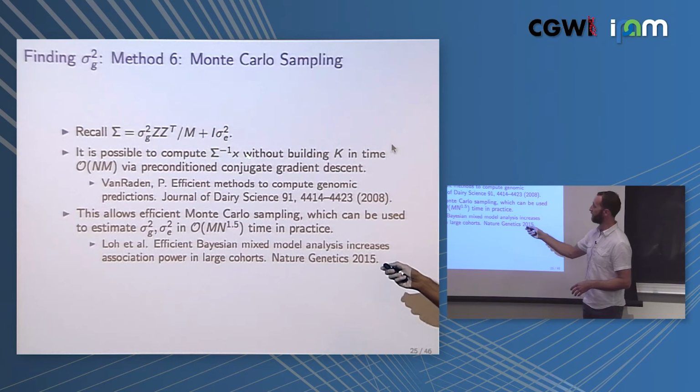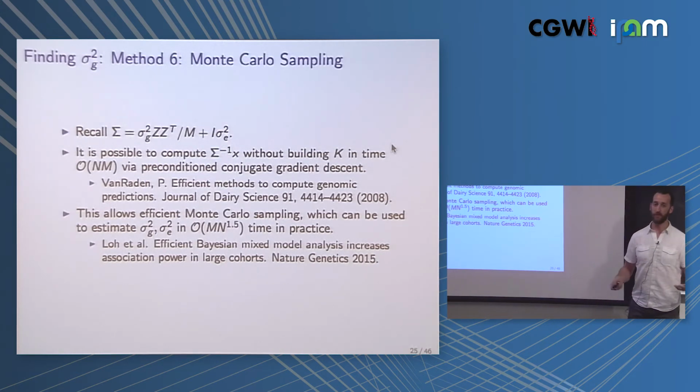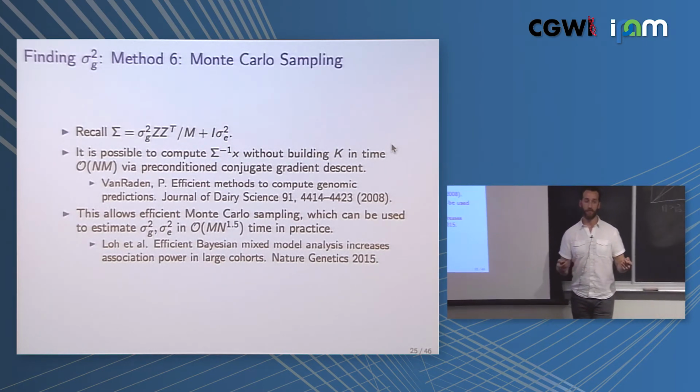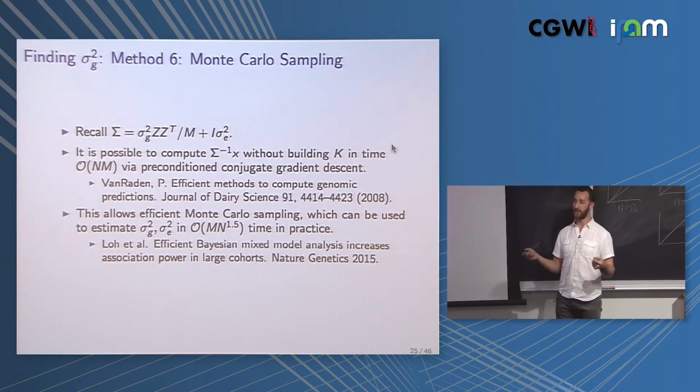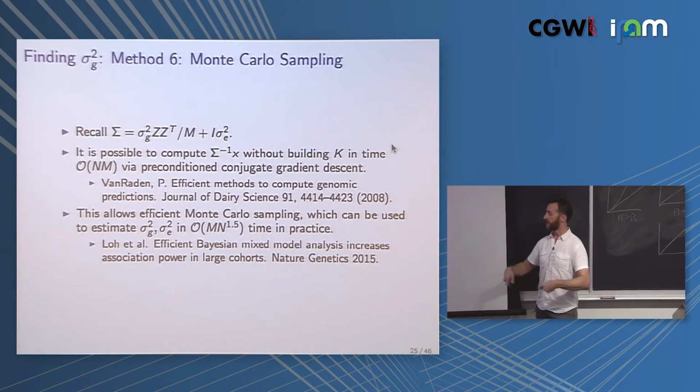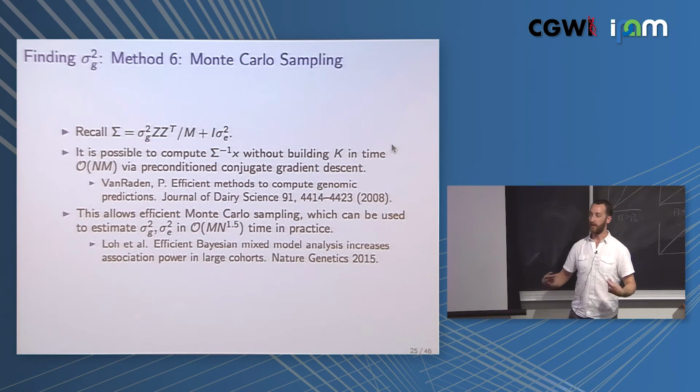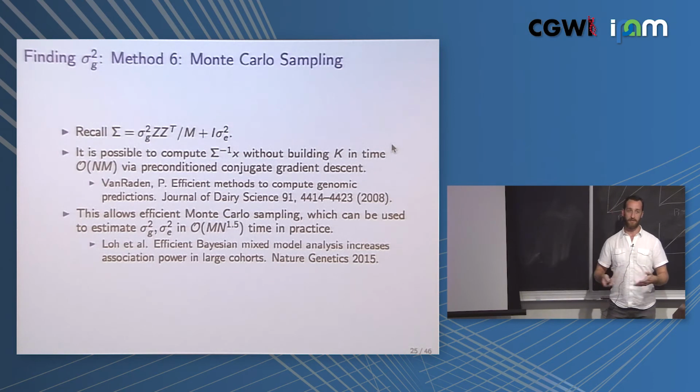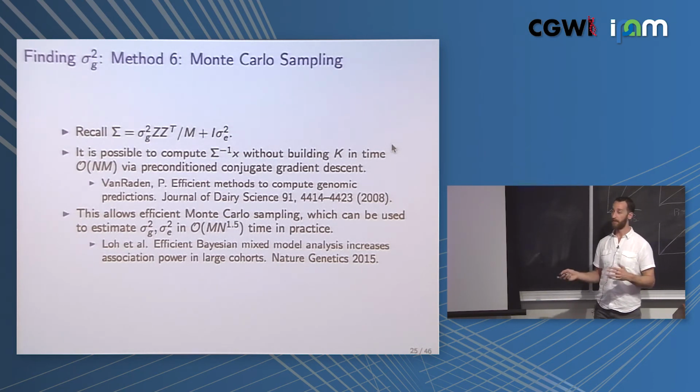If you can compute this really quickly, you can sample from the distribution of y conditional on your choice of sigma g squared and sigma epsilon squared. And so we can sample from the space of the parameters of the model until we get to sigma g squared. This is O of mn, and the number of times in practice that we have to sample is n to the 0.5.